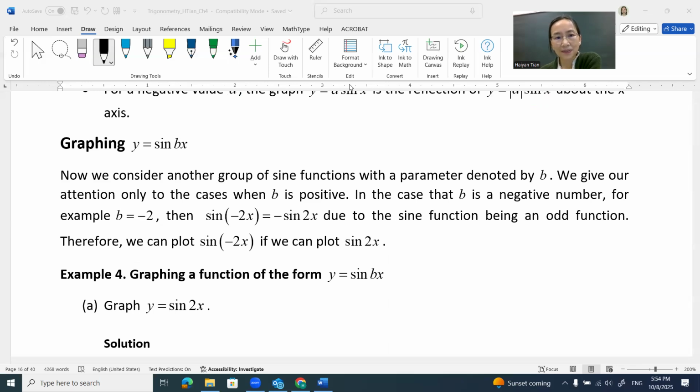This time there's a number in the function. Instead of sine x, we have sine of b times x. Then what will be the graph of this function?